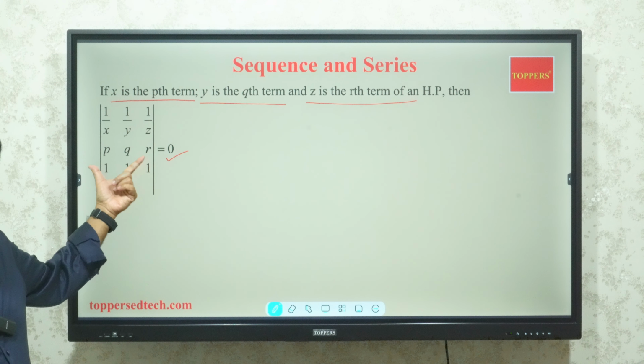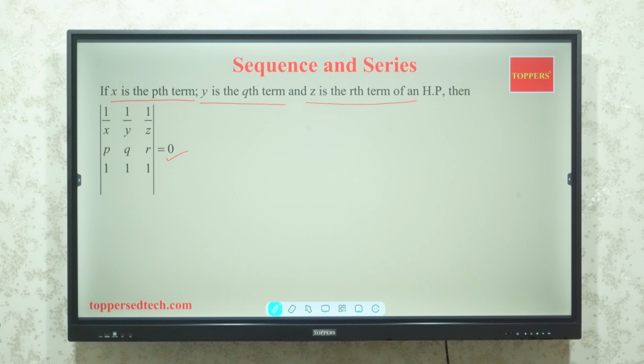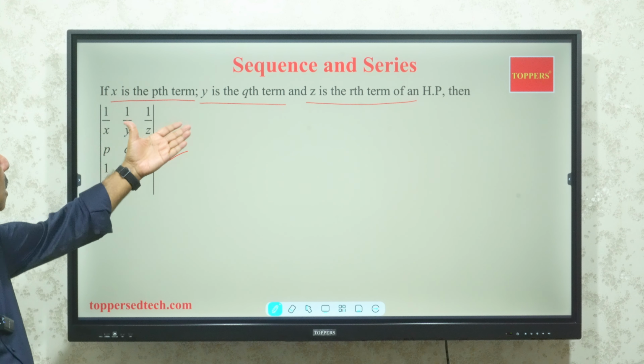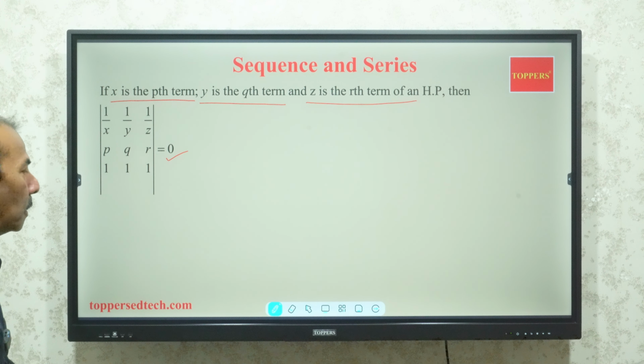This is nothing but the same concept that we used in the arithmetic progression, just by taking the reciprocal of these terms.